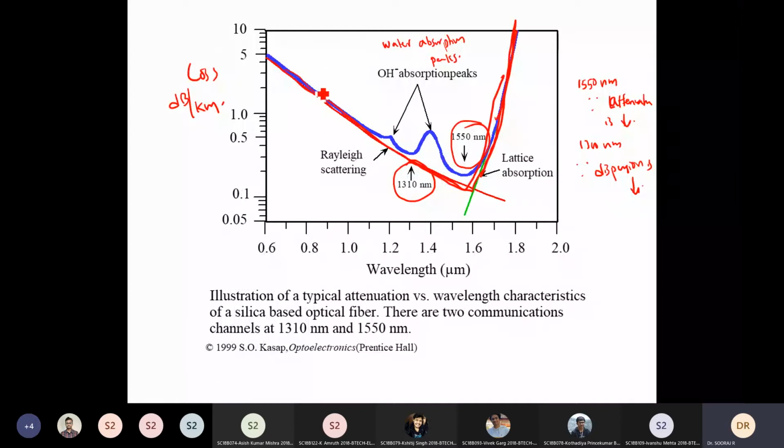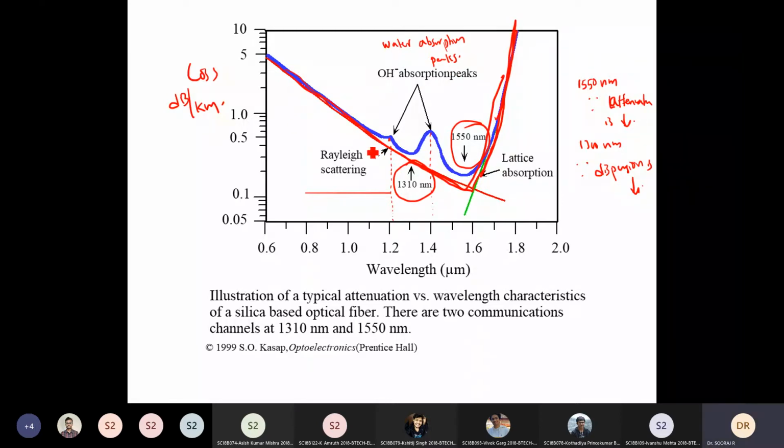If you experimentally measure the absorption losses inside an optical fiber, you can find two peaks: one somewhere around 1.2 micrometers and the other somewhere around 1.4 micrometers. These two peaks are called the water absorption peaks.